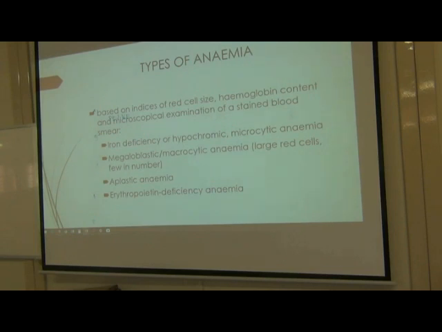So based on these different sources or factors that are required for the production of hemoglobin, there are different types of anemia. All right, there are different types of anemia, based on the indices of red blood cell size, hemoglobin content, and when you do examinations to check the red blood cell in an individual who is thought to be anemic, we can classify anemia into different types.